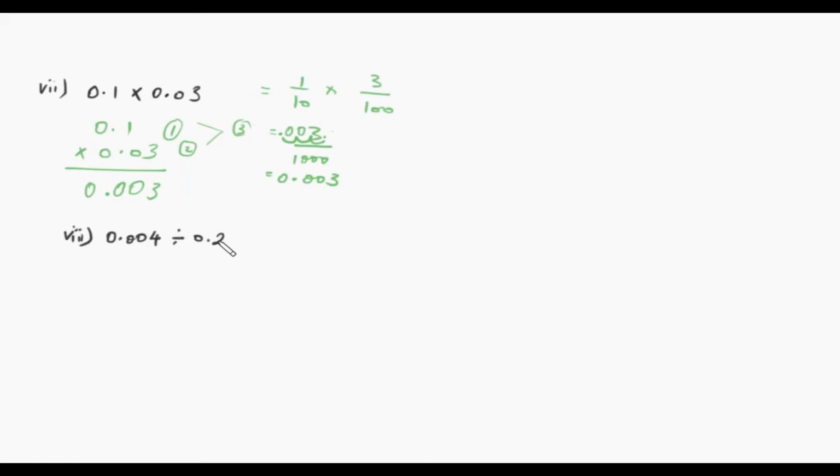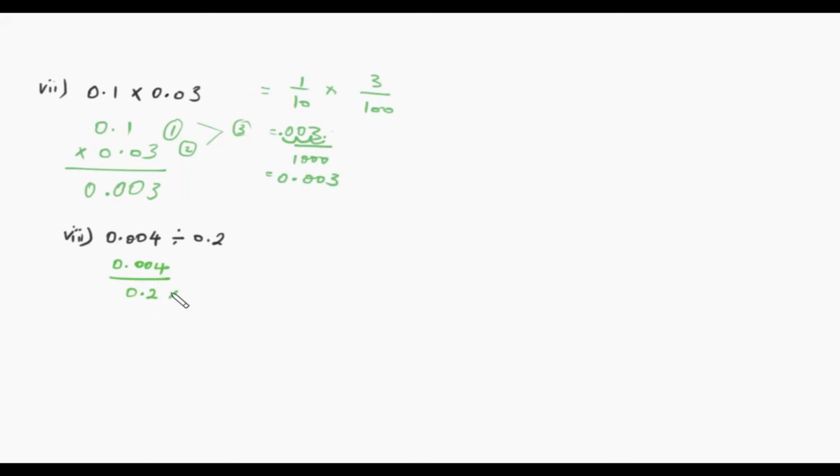What do you do in this case? All right, you can just write it like this to make it easy. You can write it as 0.004 divided by 0.2. It's difficult to divide with a decimal number.